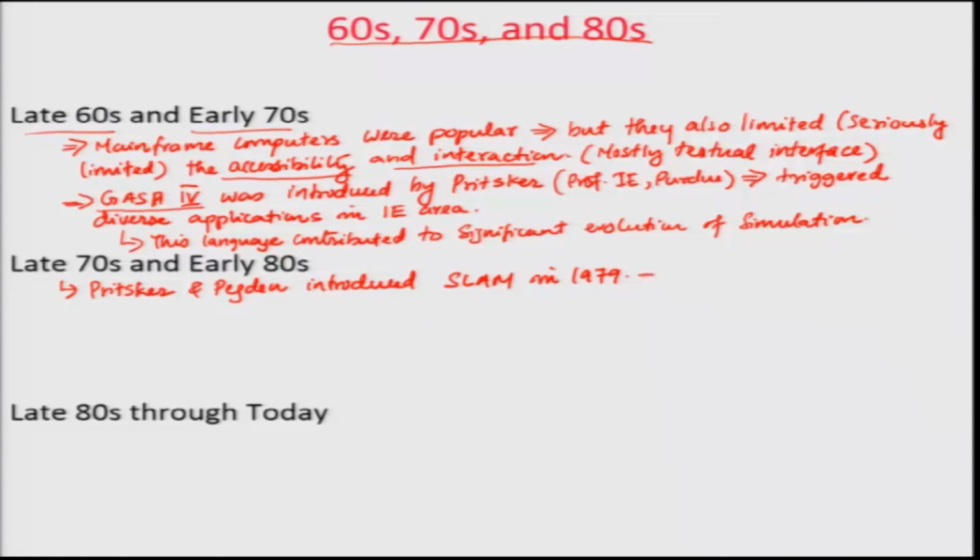SLAM is the first working, not prototype, first working simulation system of the modern approach. Okay. Whatever simulation software we see today, they all are, to a large extent, derivatives of SLAM.